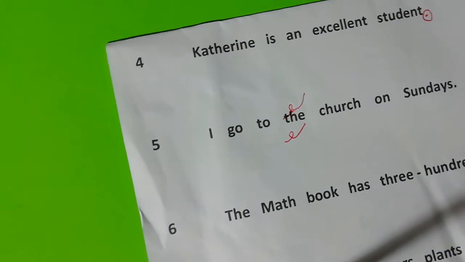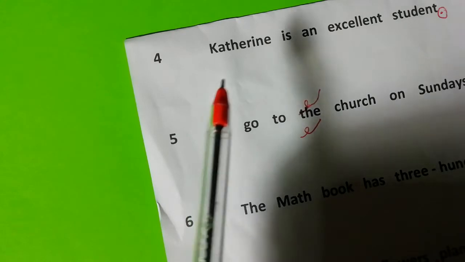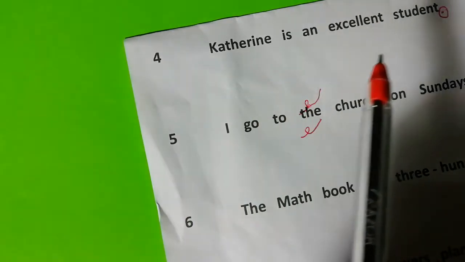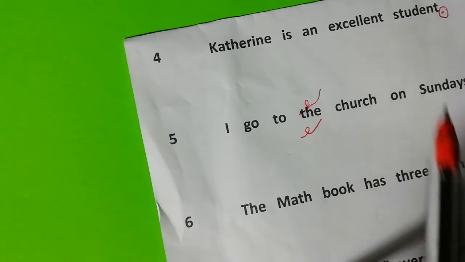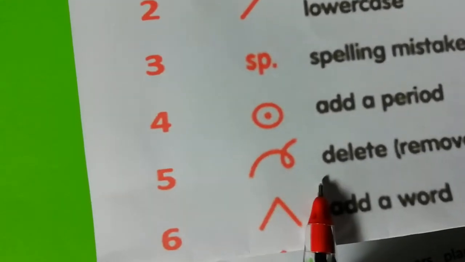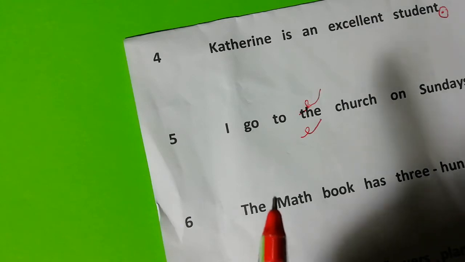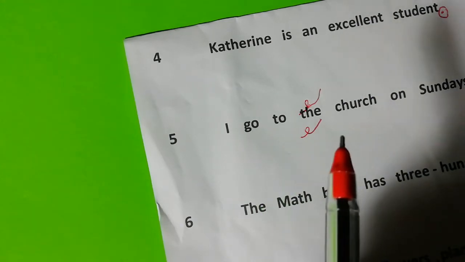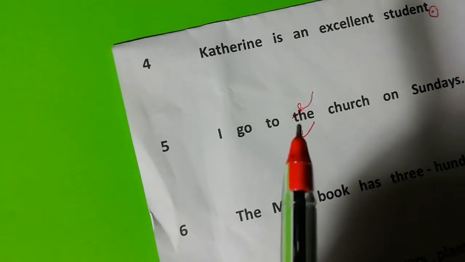If we go with number 4, it says, Catherine is an excellent student, so at the end there's a period missing, see? You close that. Number 5 goes with deleting words. That means you use the symbol to remove words that are not necessary for a sentence. I go to the church on Sundays, you say, but you don't say the, so you remove it.